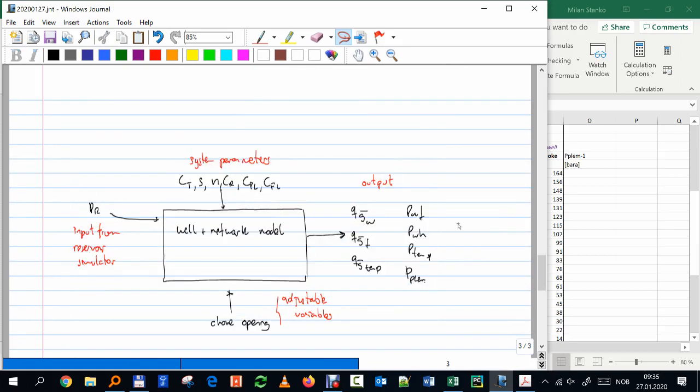So you have a constraint. The constraint is that the Q of the field, the QG of the field, should be equal to a desired Q plateau. So you have to put a solver on top of this model that you already have, saying change opening.